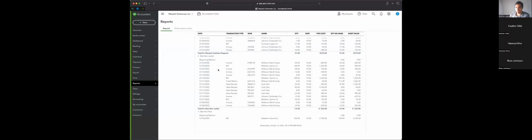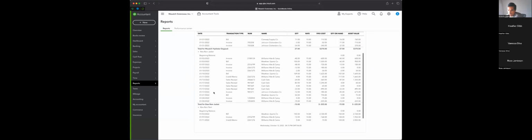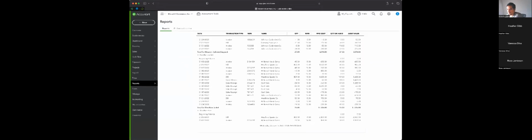Oh, let me share my screen. Is it okay if I share my screen? Sure, share your books. So this is the inventory valuation detail report, and I'm going down to the rain jacket here. I'm comparing it against the PDF.